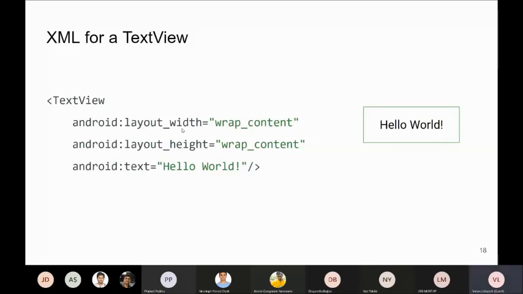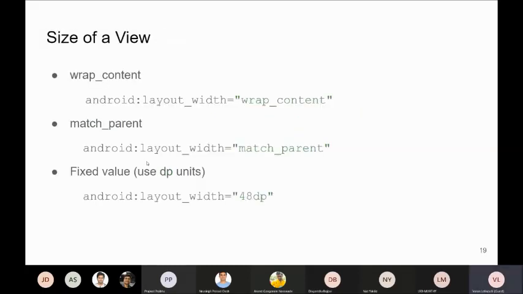If you are using Android Studio, for each and every view element, you'll be having two components for sure: one is the layout width and one is the layout height. So what are these two? I will tell you. The size of a view will be basically wrap content or match parent or a fixed value. These are the only three things.